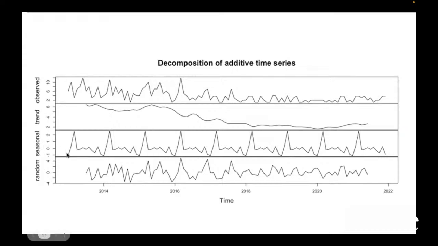There are times when there are higher deaths, and there are seasons when there are low deaths. Maybe you can see here, at the beginning or end of the year there are higher deaths, and you can see it at the middle of the year. So there is a season with higher deaths and a season with low deaths. And this is the randomness. This is how the observed can be predicted to show the randomness.